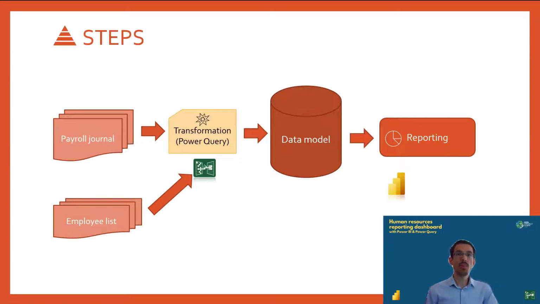We will import the payroll journal and employee list, which I showed you in the Excel file, into Power Query to do transformation steps. Then, when the data is structured, we will get a data model that we can use in Power BI to generate a report.